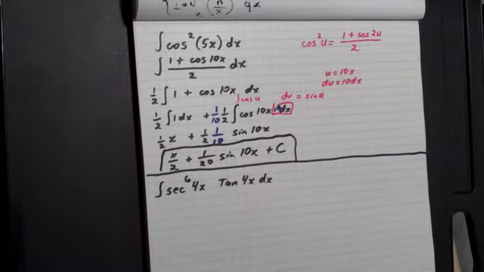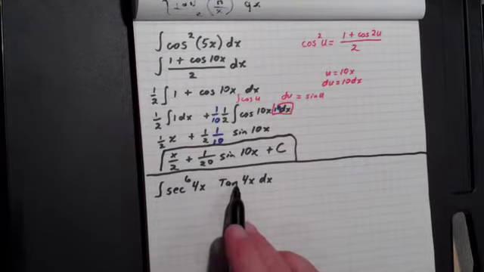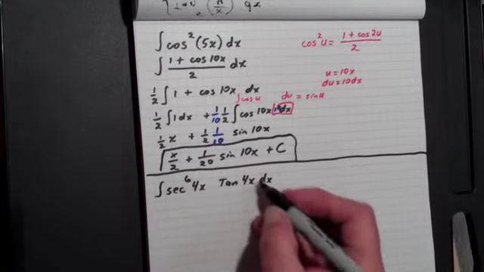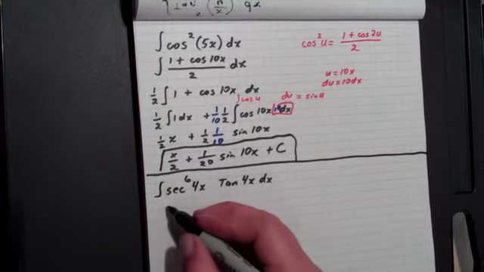This one on the bottom is a little more straightforward, but then we're going to apply it also in another one. The derivative of secant is secant tangent. I have a tangent. So first I may try and change them into u's because I have a 4x instead of simply an x.